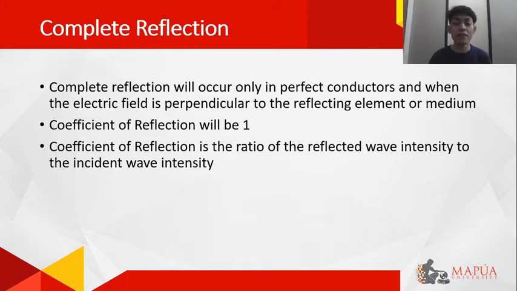A complete reflection will occur only in perfect conductors when the electric field is perpendicular to the reflecting element or medium. The coefficient of reflection will be 1. The coefficient of reflection is the ratio of the reflected wave intensity to the incident wave intensity.